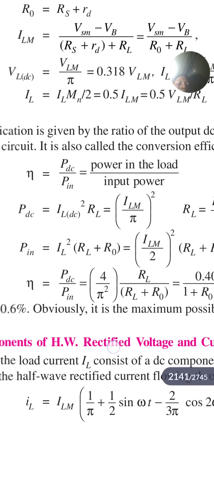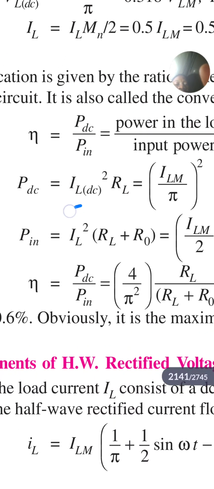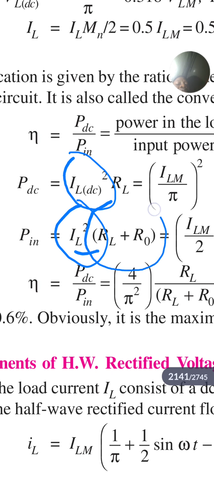That means this IL, here they are writing ILDC. Don't put this in your work. Use what the man in class uses. I think the man is using IRMS. So don't put this IL, use IRMS. Just understand it. So when you use this IRMS, when you are now adding it, that means you are adding it.